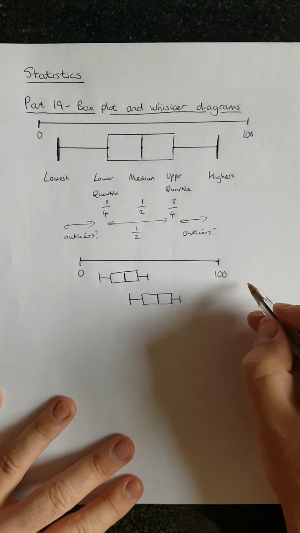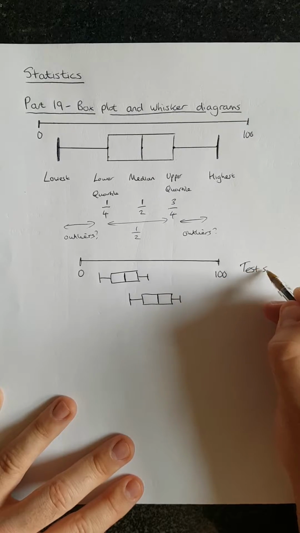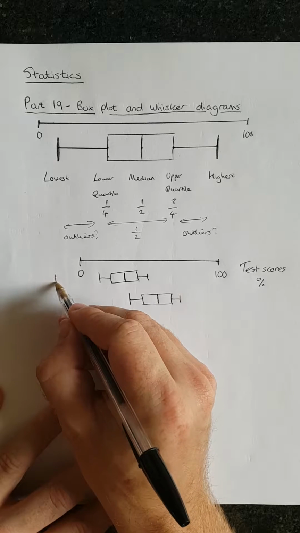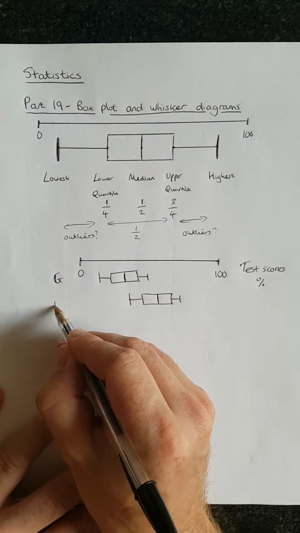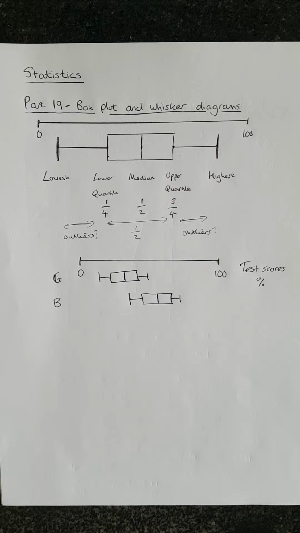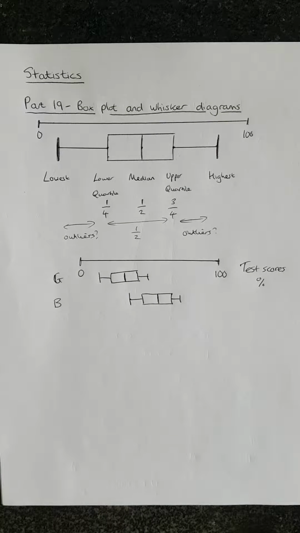Now, imagine these are test scores as a percentage, and the top one is girls and the bottom one is boys. Straight away, you can see what's going on here. The visual representation is really powerful.